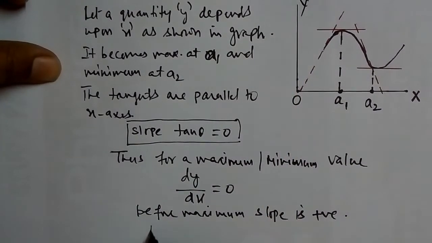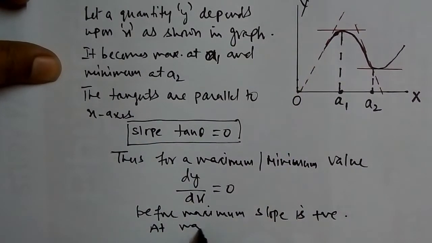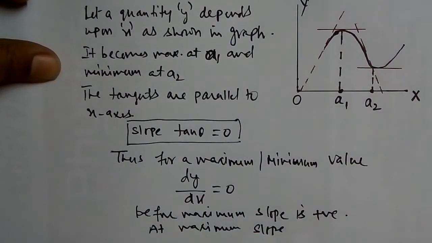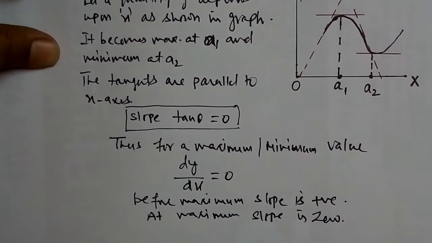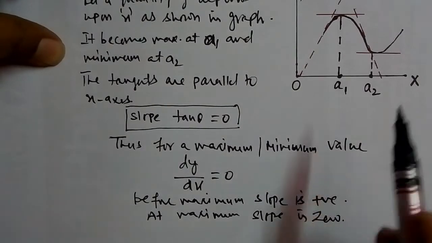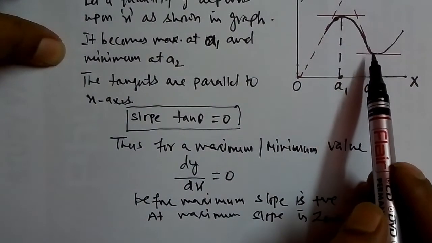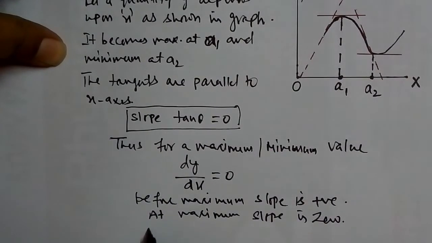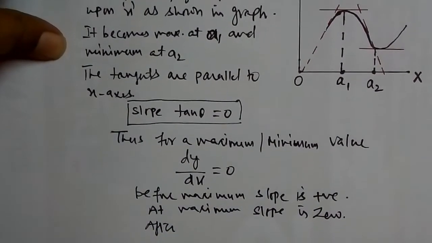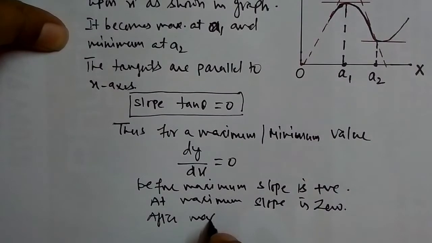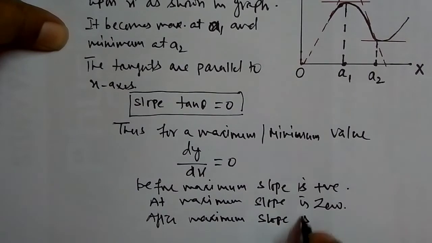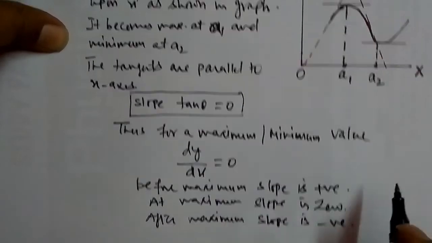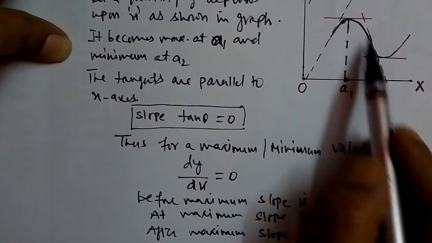So we can write, at maximum, slope is 0, and obviously after the maximum the slope is negative. So we can write, after maximum, slope is negative. So slope is negative basically in this particular region.